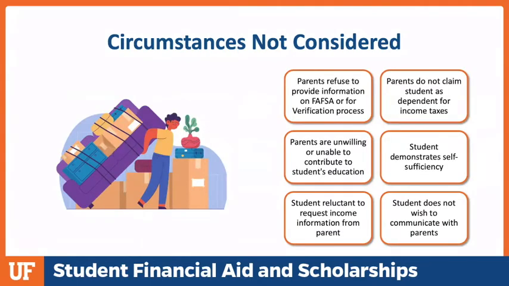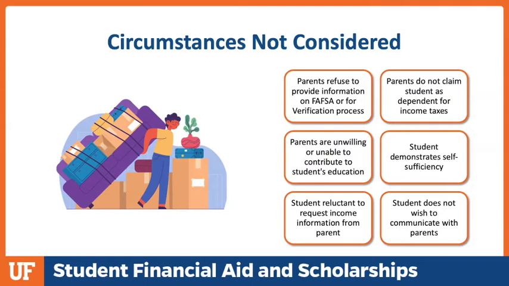Some circumstances that we do not consider include your parent refusing to provide information on the FAFSA or for the verification process. Parents do not claim the student as a dependent on their income taxes. Parents are unwilling or unable to contribute to the student's education. Students demonstrate self-sufficiency.